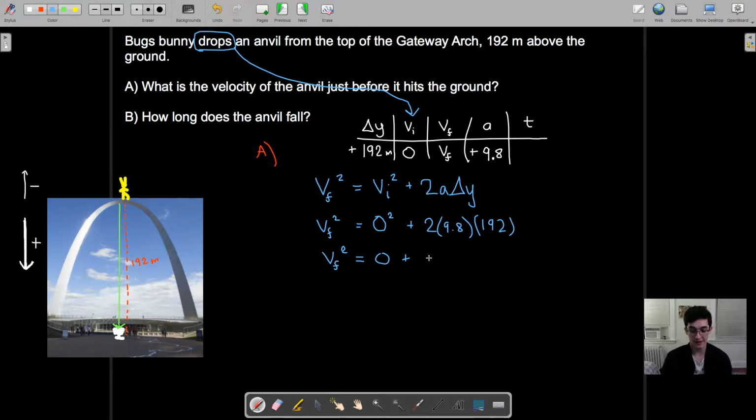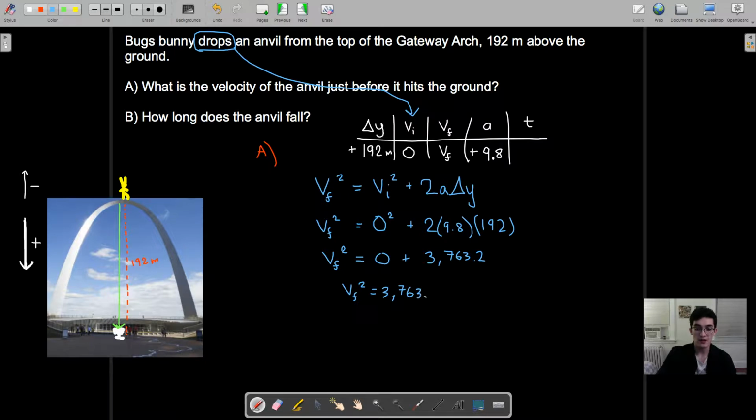So if I punch that into my calculator, I'm going to get an answer of 3,763.2. And if I simplify a little bit more, then I know that v final squared is equal to 3,700-ish, okay?